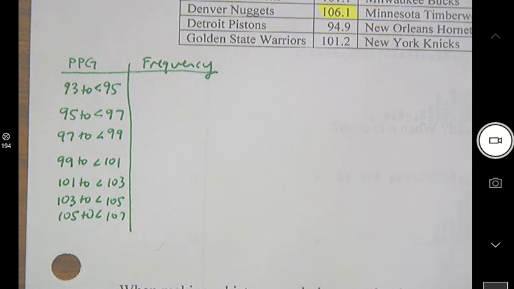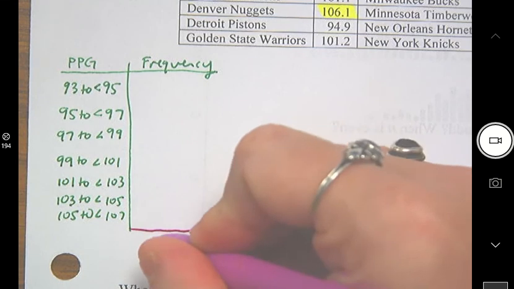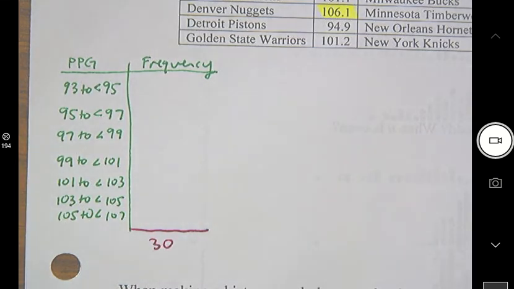That's the hardest part, you guys. Now you're just going to count. Now be careful. It says that there are 30 teams distributed, so in the end the numbers in this frequency column have to add up to 30 teams, okay? That way we'll know if we've missed one.